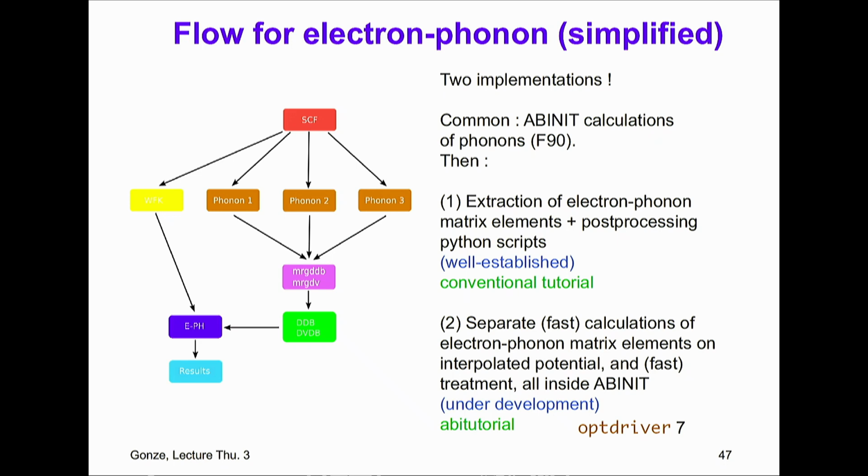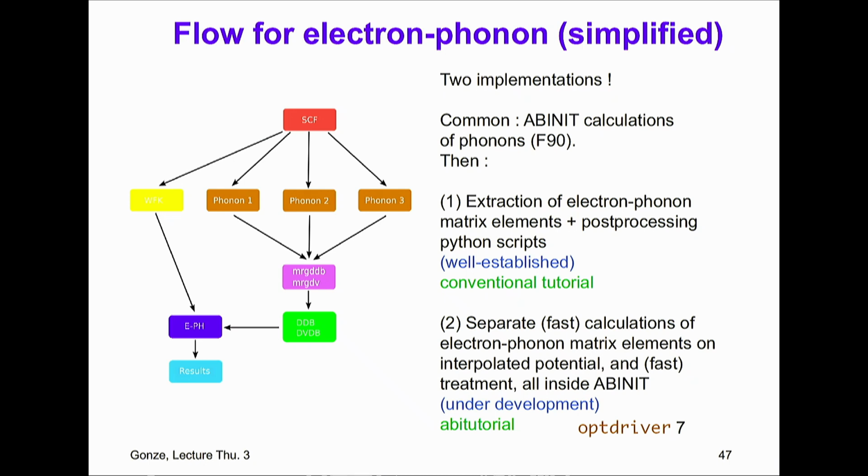This has been developed by Samuel, and will be discovered using the conventional tutorial. But because we needed in some cases to do a lot of calculations, we also decided to redevelop this in Fortran. And this is then included in ABINIT using this input variable. This will be shown in the ABINIT tutorial, and the flow is the following.